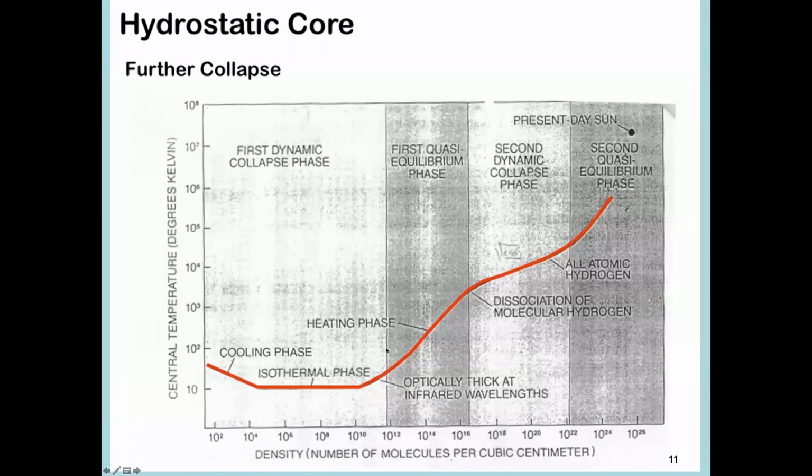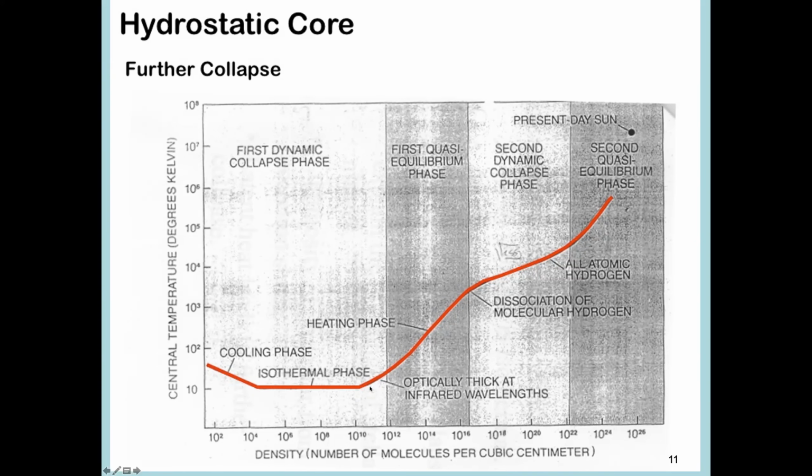So this is a terrible slide because it's an old picture, but I cannot find a more modern one. I probably should make it myself. But anyway, the central temperature here, as a function of number density, is all that you need to know. Starting really from the molecular clouds down to the sun, basically. You see at the beginning, you have this isothermal phase. It summarizes what we have said so far.